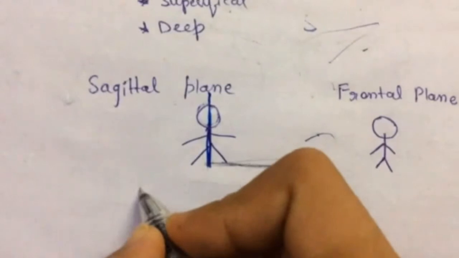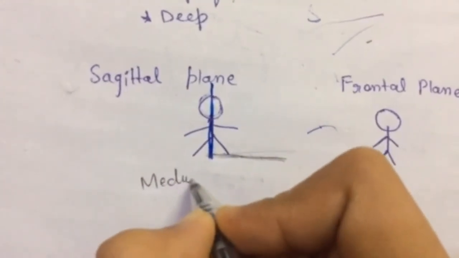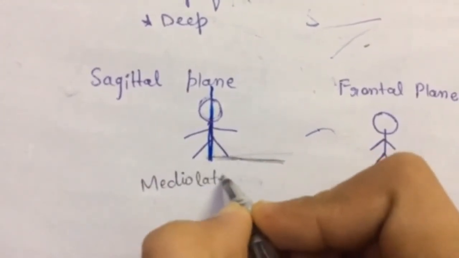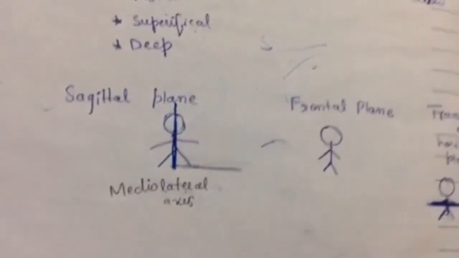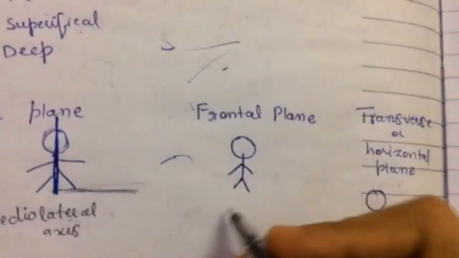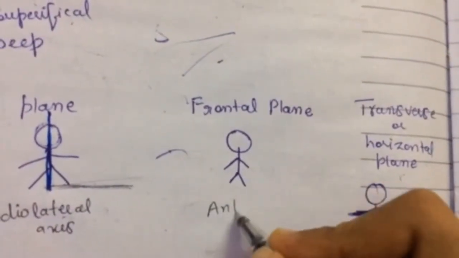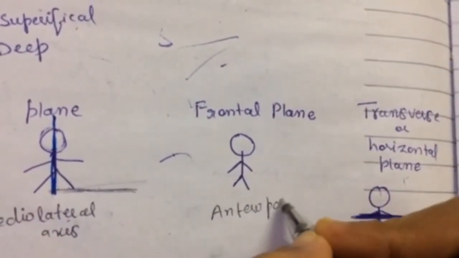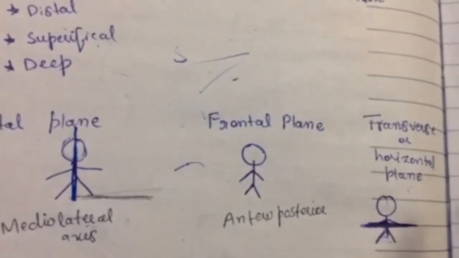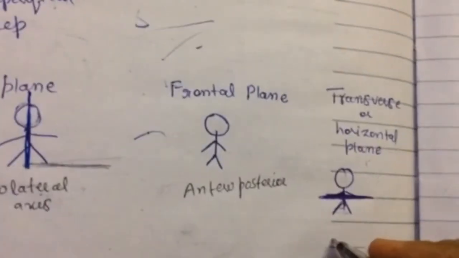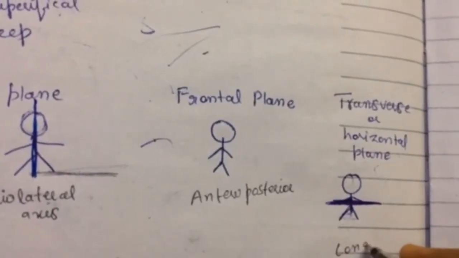First we write them: medial lateral axis. Next one is the anterior posterior axis. And the third one is the longitudinal axis. These are very easy to understand.